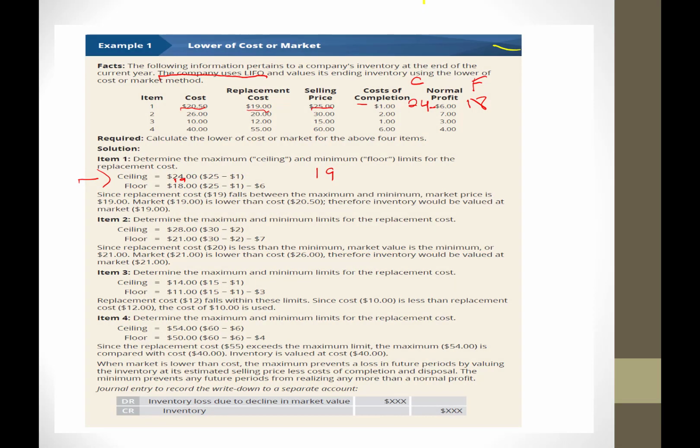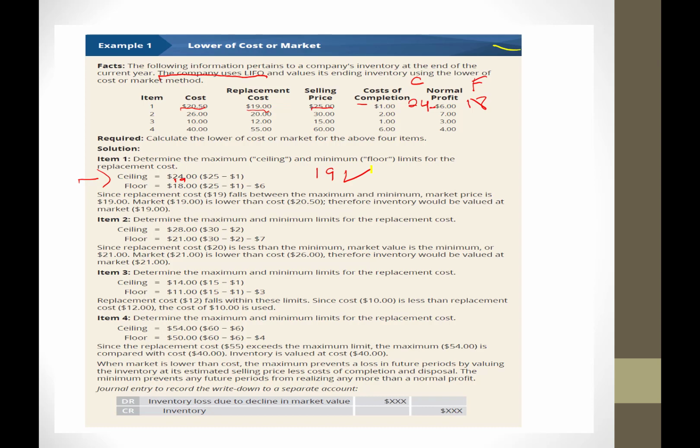Okay, I compare that to my cost of $20.50, which is lower. You don't know what's lower, $20.50 or 19? 19 is lower, so I would carry that at 19, right?